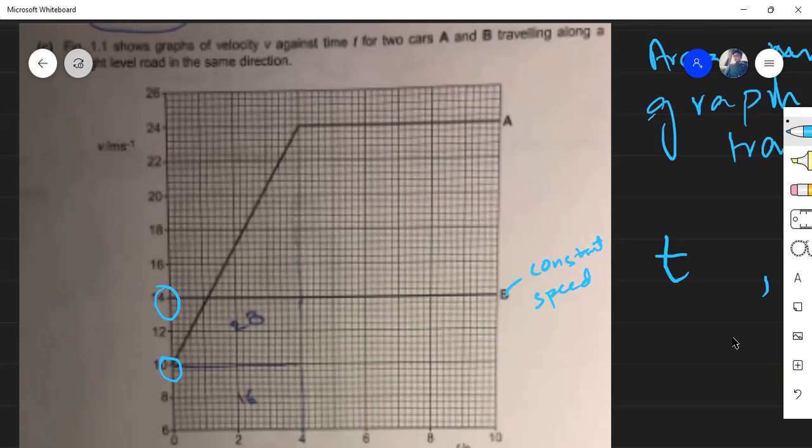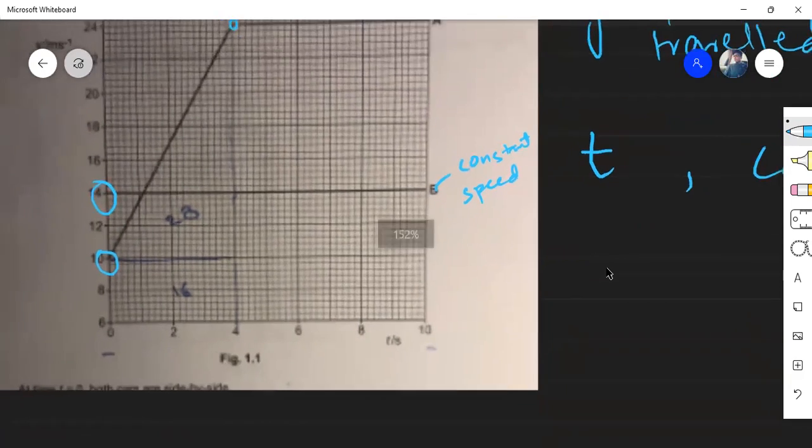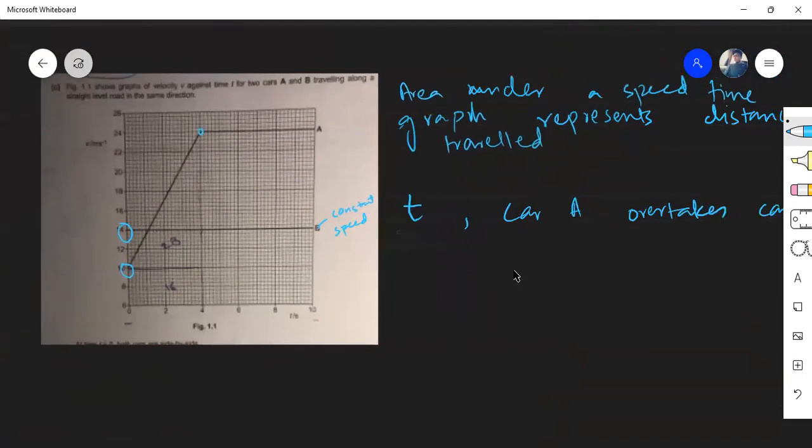There's a small portion of time for which car A travels with constant acceleration, but after this time, car A is also traveling at a constant speed. Is that correct? Yeah. Okay, wonderful.